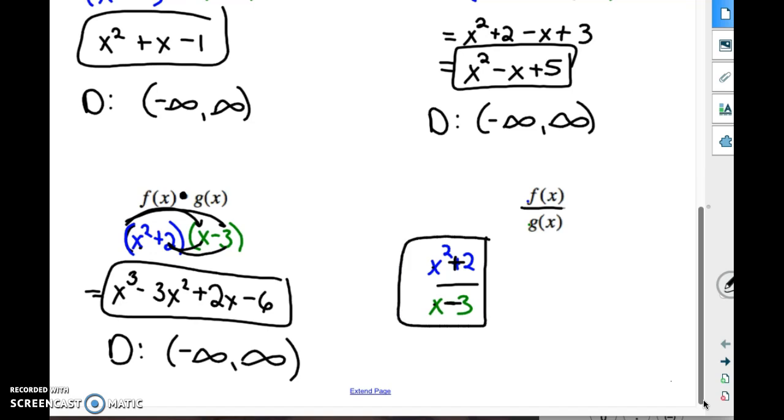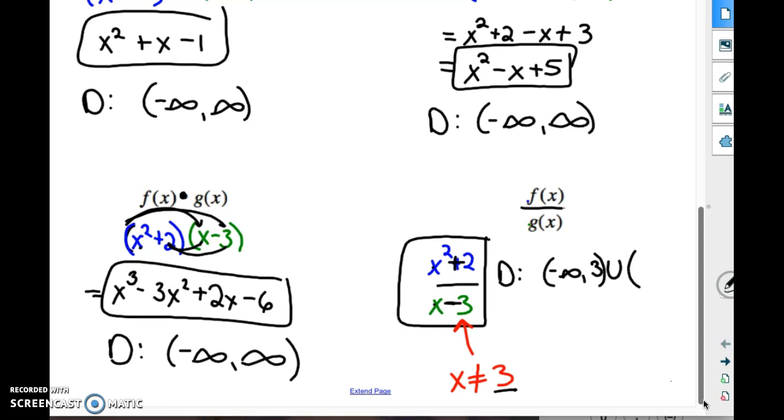But in the bottom, x cannot be equal to positive 3 because if we plugged in positive 3, we'd get 0 on the bottom, and you just can't do that. So our domain is going to be all real numbers except for positive 3. So the way we write our domain, we start at negative infinity, we go up to 3, and it's a round parenthesis because you can't include the 3.